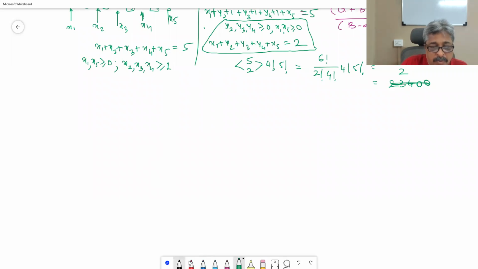Next question. My first number is 1. My second number is greater than or equal to 1, which could be A1. My third number is greater than or equal to A1, A2. My fourth number is greater than or equal to A2, which is A3.